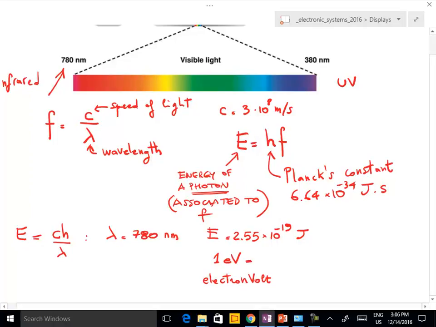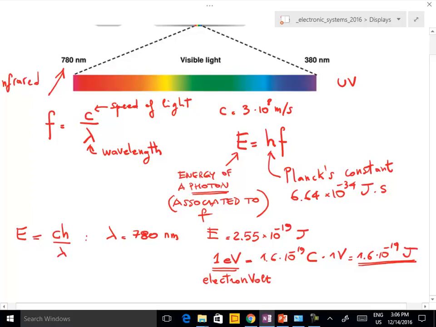And 1 electron charge is 1.6 times 10 to the minus 19 coulomb, times 1 volt, and so we have 1.6 times 10 to the minus 19 coulomb times volt, and 1 coulomb times 1 volt is equal to 1 joule. So 1 eV is equal to 1.6 times 10 to the minus 19 joule.